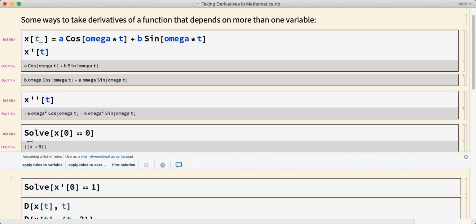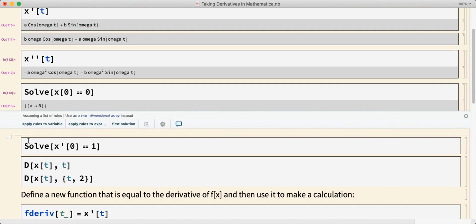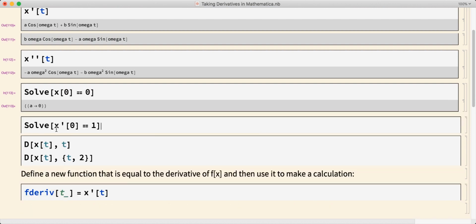The output says, hey, that implies, for that to be true, that my constant a up here, which was previously undefined, has to be 0. Okay, so a goes to 0 within this particular restriction. If I wanted to find the other boundary condition b, I can specify that the first derivative of the function is equal to some value.